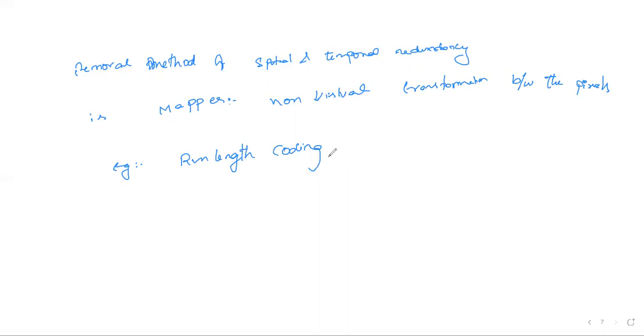Run length coding is one type of mapper.